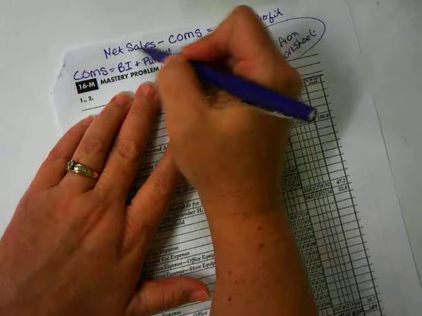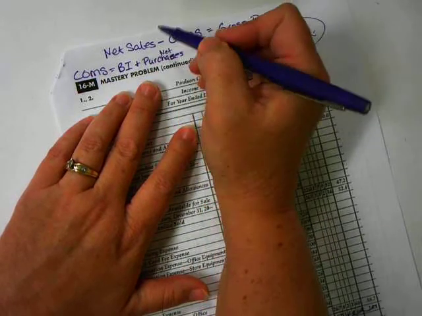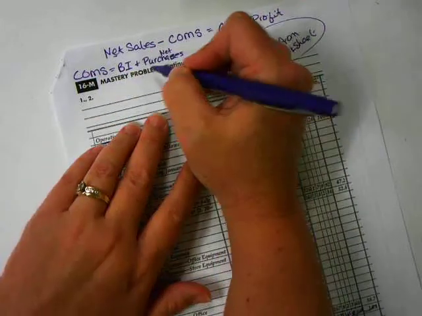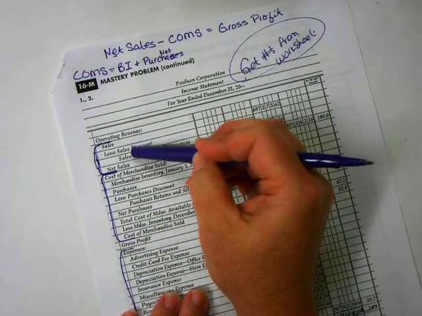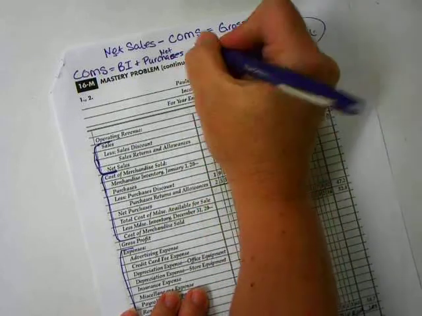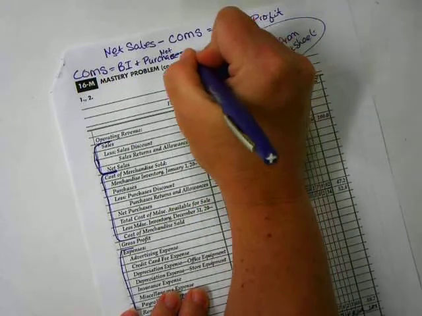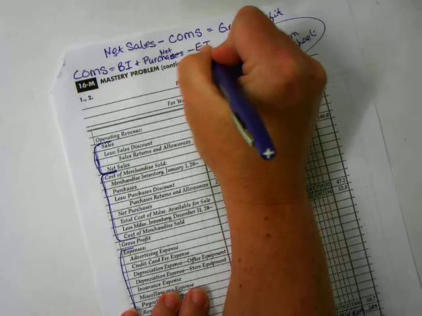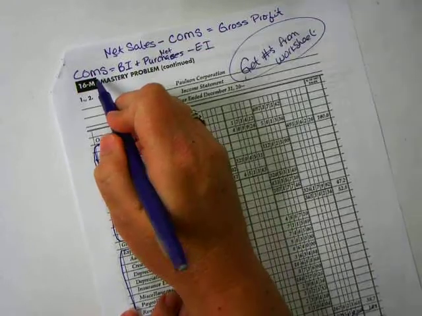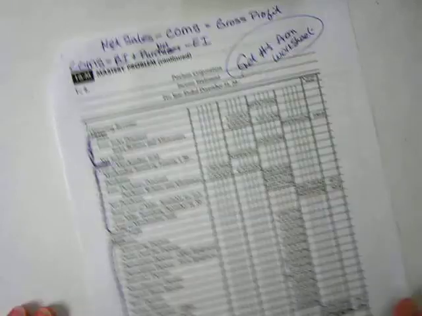Just like net sales, there were returns and discounts. That's where the word net comes from. Net's taking out these items right here. And then minus the ending inventory, because that's what we still have sitting. We haven't sold that yet. That gives us the cost of merchandise that we did sell.